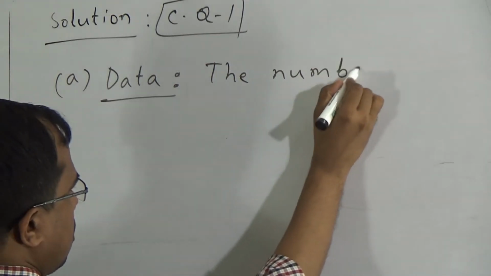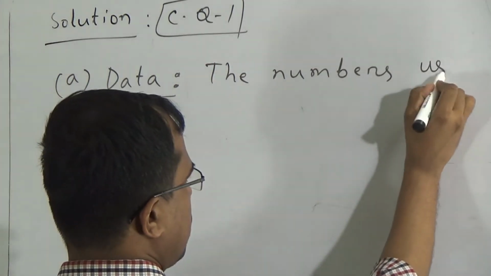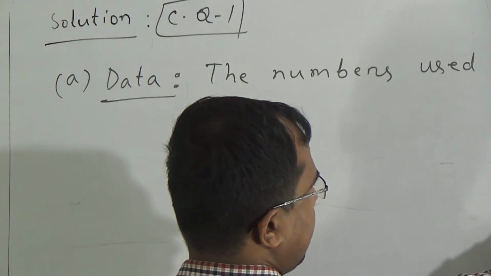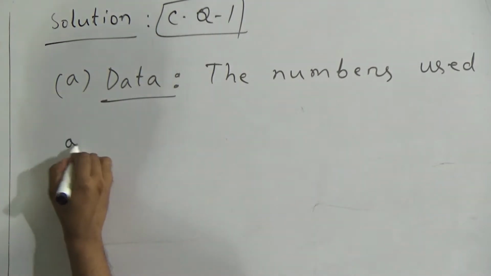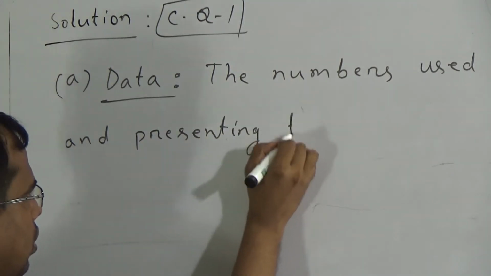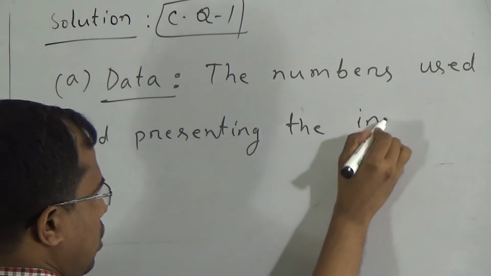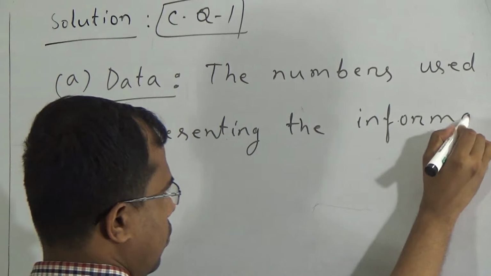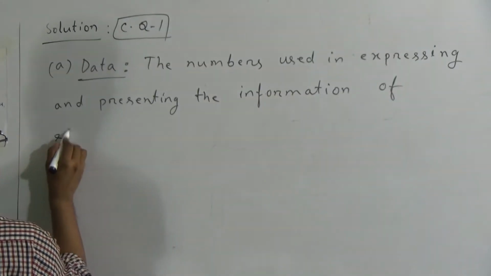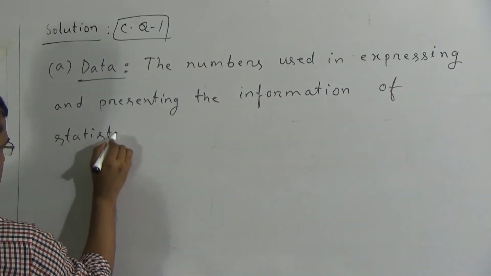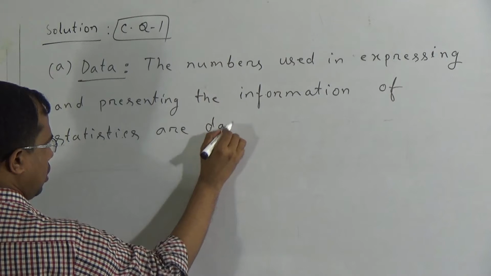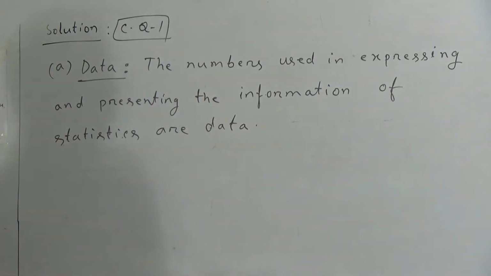The numbers used in expressing and presenting the information of statistics, or data. This is the definition of data.